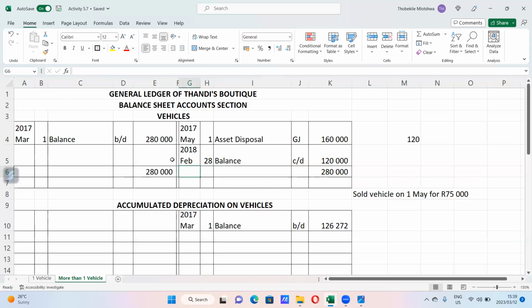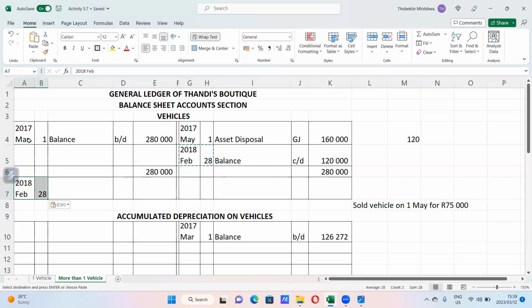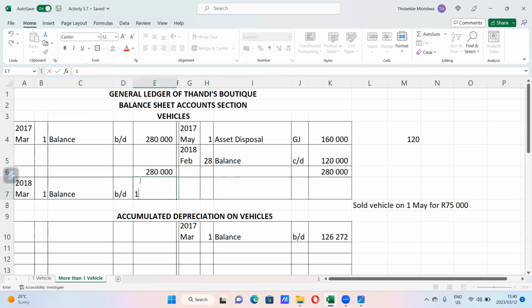And then this one will be brought down to the following year, which is going to be March 1, 2018. 2018 March 1 will be balance brought down of 120.